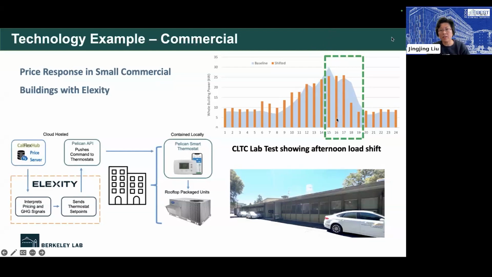As you can see, starting in the evening, the thermostat set point would be raised by a few degrees, and you can see a load shed from the curve we're showing. And a few hours before the high price period, the system has done pre-cooling for the building for a few hours.